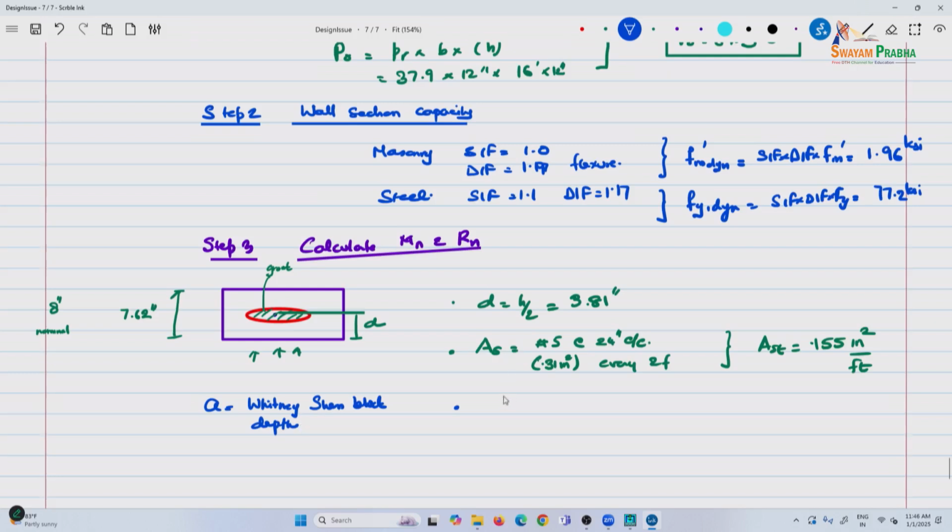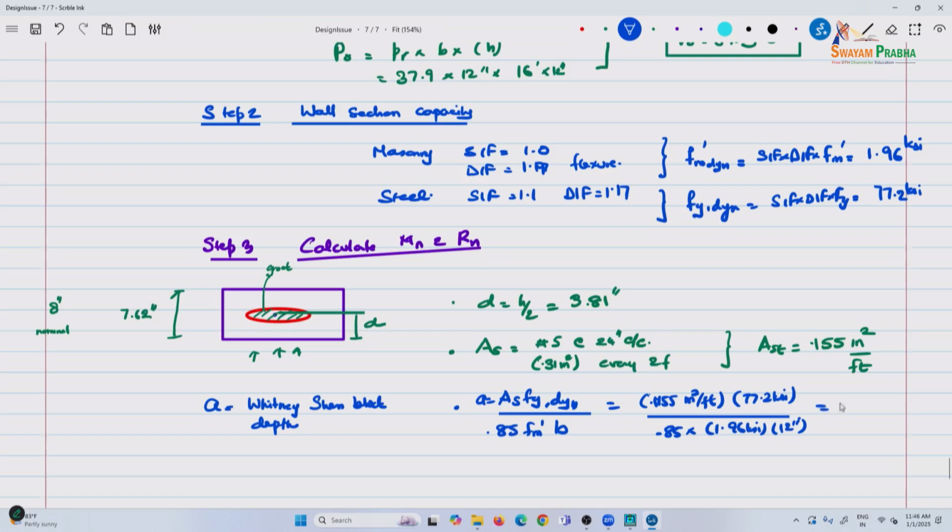So A is given as AS Fy dynamic divided by 0.85 Fm prime B. So comes to 0.155, 77.2 divided by 0.85 times 1.96 multiplied by 12. So here you see it is actually very small.